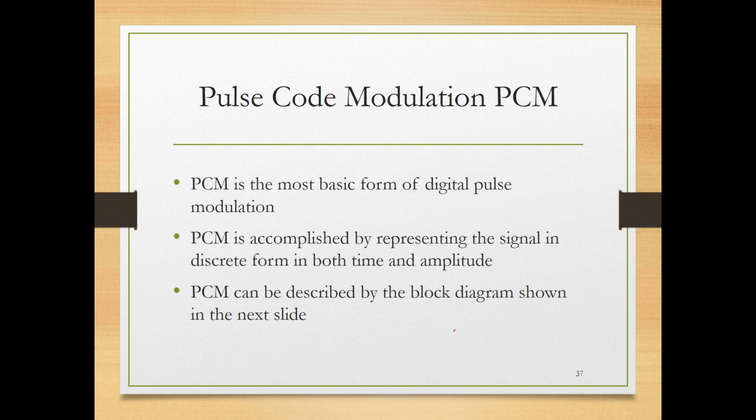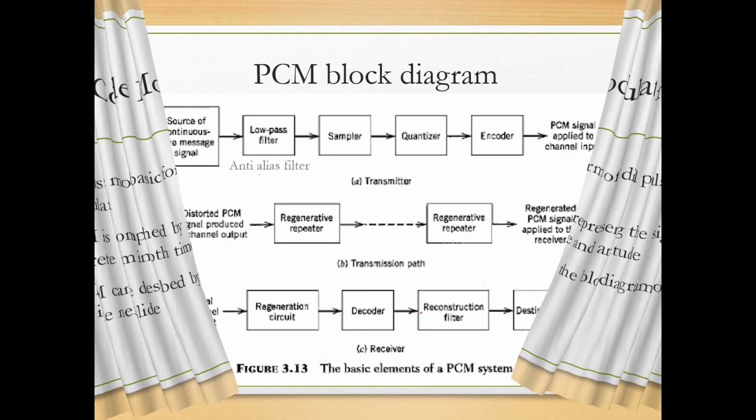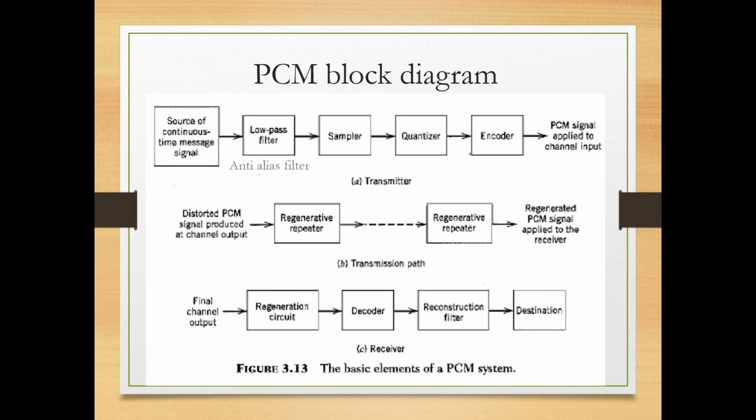PCM is accomplished by representing the signal in discrete form in both time and amplitude, not only time but also amplitude. Discrete in time means sampling, discrete in amplitude means quantization. These processes combined together produce what's called PCM. PCM can be described by the block diagram shown in the next figure, the simplest diagram you can use to explain it.